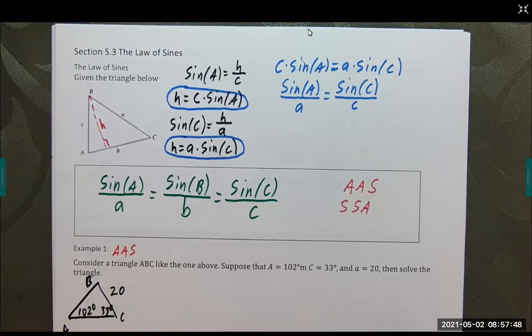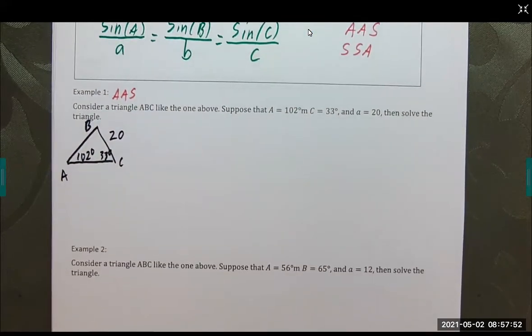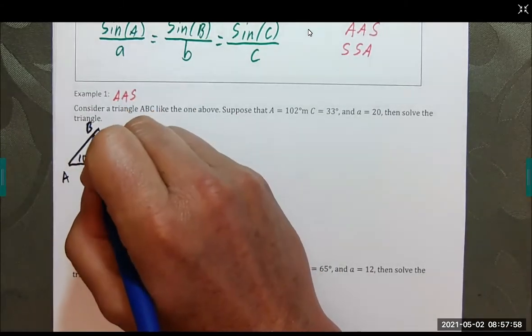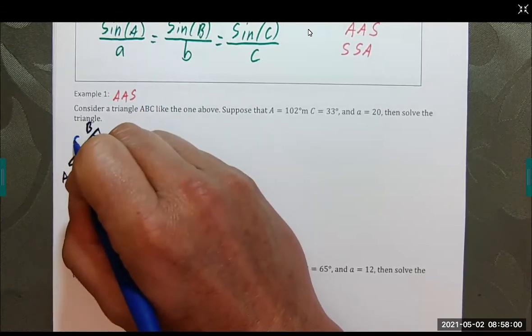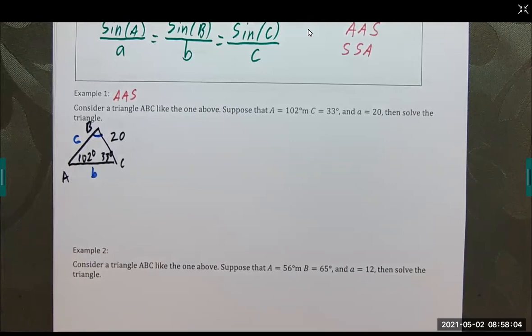And when they say solve the triangle, what they mean by that is find all the missing sides and angles. So we're looking for this angle, this side, and this side. And then we will have solved the triangle.